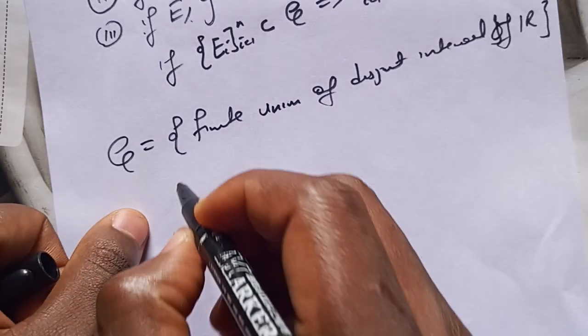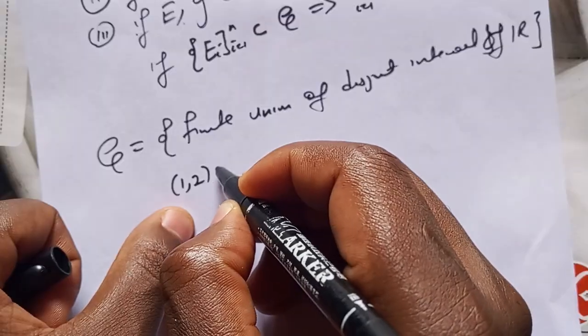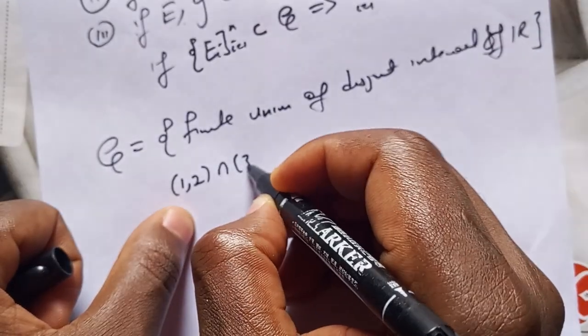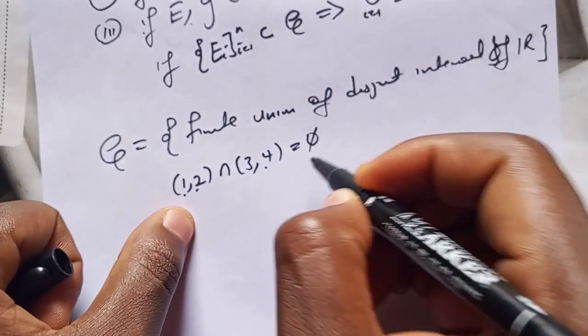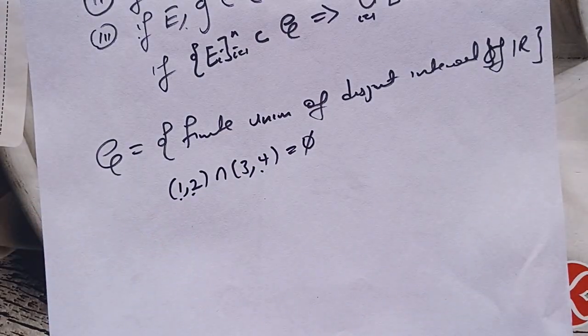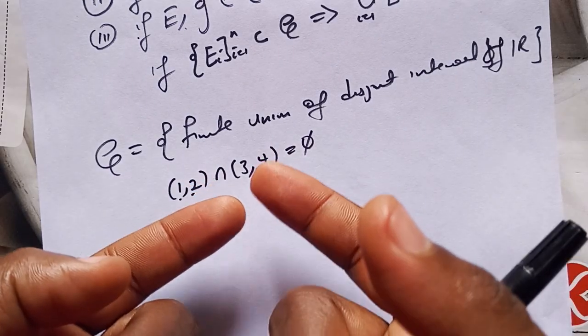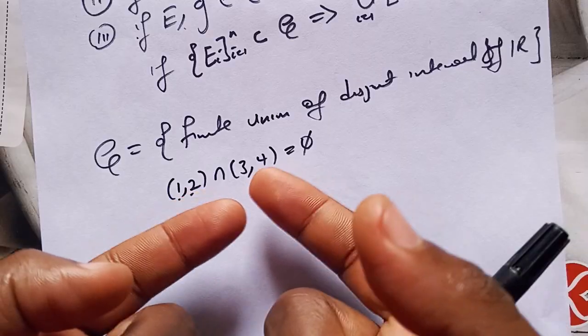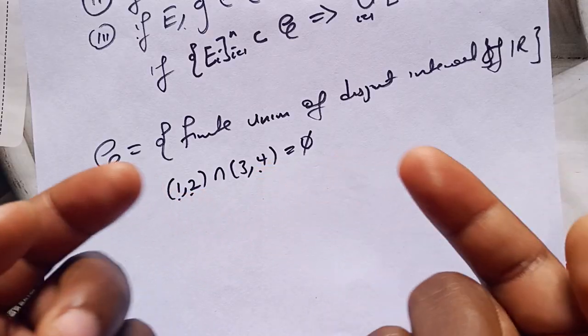So we can have an interval, let's say (1, 2) intersect (3, 4). Of course, the intersection of this is empty. That's what we mean by disjoint intervals. When you say finite, it means that you can count the number of intervals you are using. So there are a finite number of them.